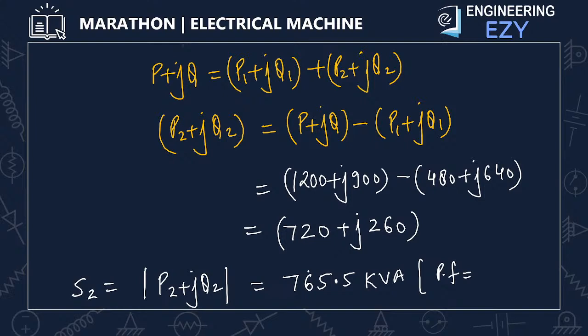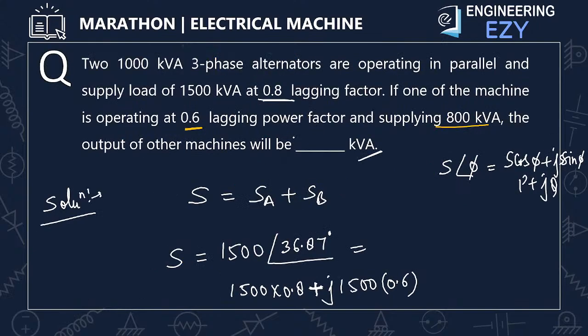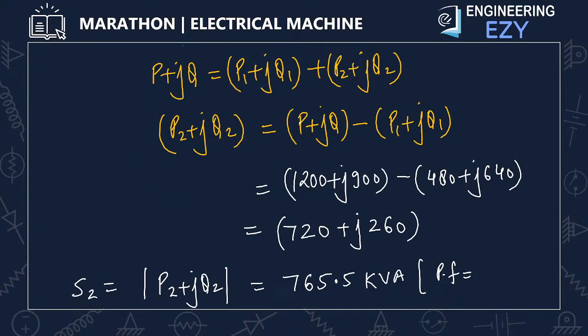Okay, Sai, your answer is correct. Abhishek Ashok, your answer is correct. Abhishek, you should check your answer. According to me, it is coming 765.5, so the correct answer is 765.5. Okay, moving to the next question.